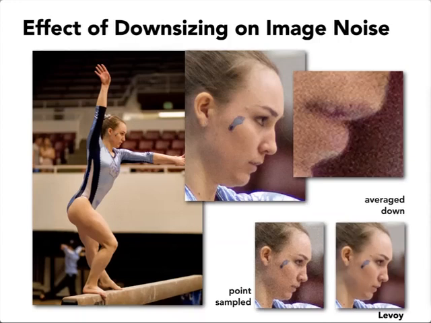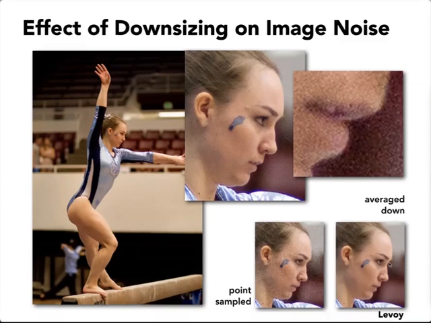If we just pick one of these pixels and put it as a representative into the output picture, then we would retain the image statistics and the low SNR of the full resolution image. So this is point sampled, and this is averaged down. And averaging down, as you can see, has a huge effect on improving SNR.